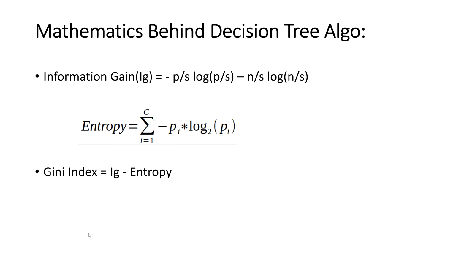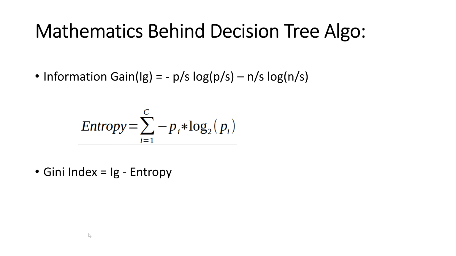Now, as I told, the mathematics behind the decision tree algorithm. So we are going to use here three formulas, that is information gain, entropy, and Gini index. So information gain, the formula is negation of P by S into log of P by S, negation of N by S into log of N by S. Here P, N and S are variables.